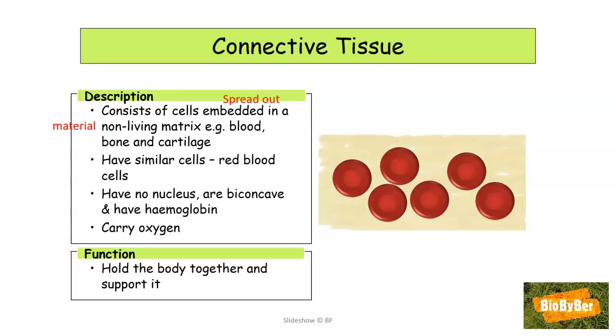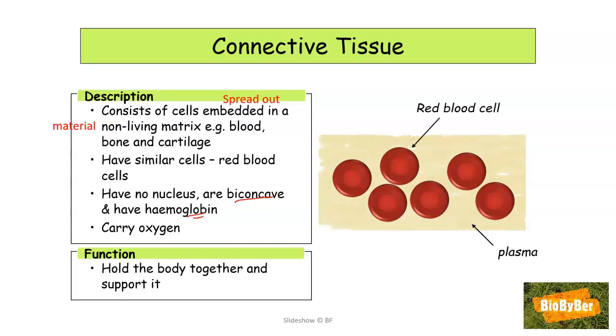So let's look at blood as an example of a tissue and use blood to exemplify the definition of a tissue. Therefore, we have to show that blood consists of similar cells working together to carry out the same function. So blood consists of, for example, red blood cells. All these cells are similar to each other because they have no nucleus, they are biconcave or hollow, and they have hemoglobin, which is the red pigment for carrying oxygen.